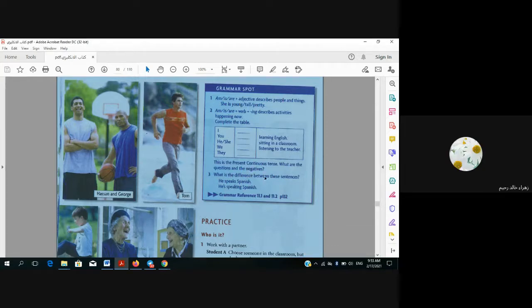What is the difference between these sentences? He speaks Spanish.